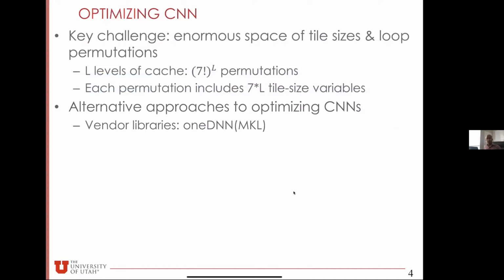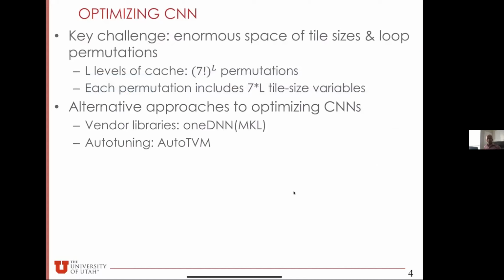So what are the current alternatives in terms of optimizing CNNs? We have vendor libraries that have been meticulously optimized by armies of engineers at Intel. For example, MKL-DNN is a highly optimized library.